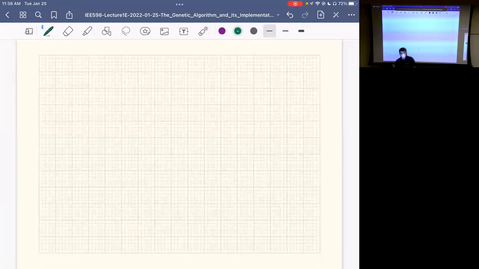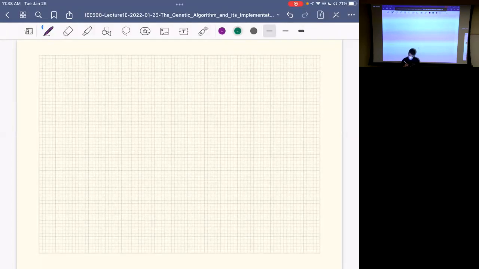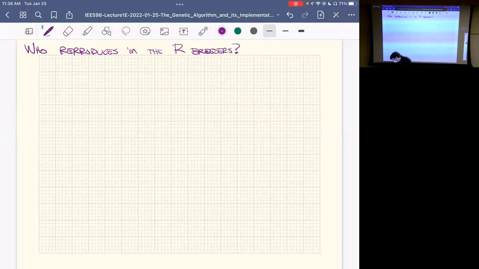That's how we selected our breeders. Now we have to answer the question of who reproduces in the R breeders, and also how do you have these genotypes swap genes?